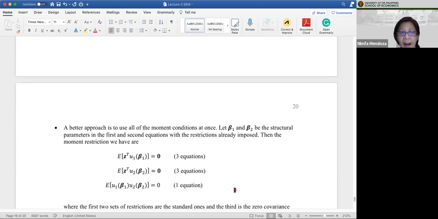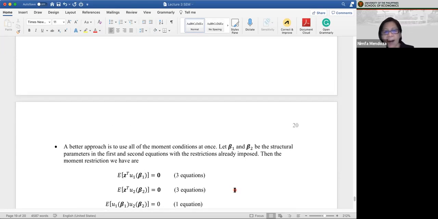A better approach, but this would lead to nonlinear GMM, is a system approach. That is, we use all the moment conditions at once.